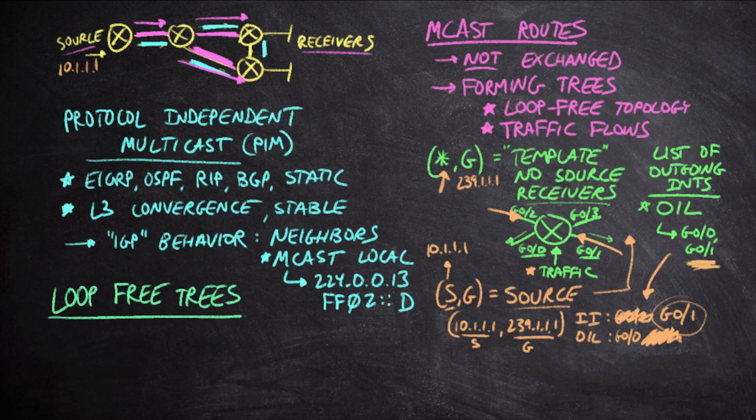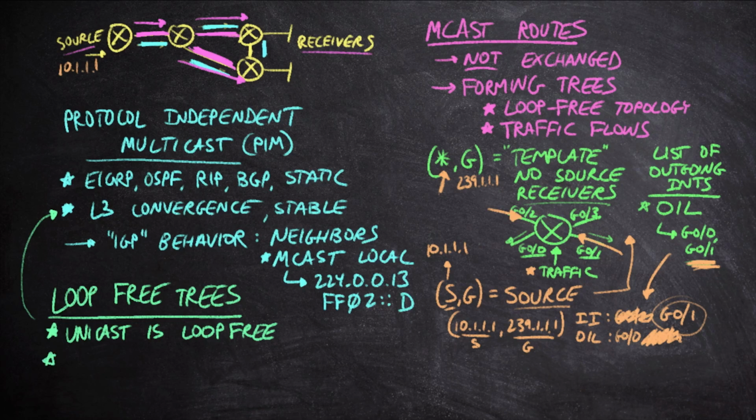Now, the way that PIM performs this loop-free concept is it relies on the fact that a unicast environment is loop-free. This is part of the protocol-independent multicast. We are relying on this point here that we have layer 3 convergence. So if the unicast environment is loop-free, we can base our multicast environment on the unicast environment.